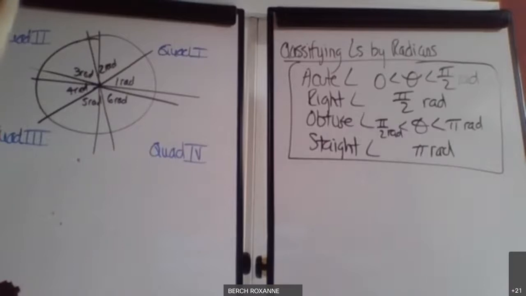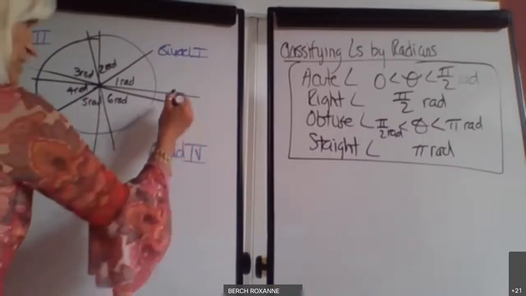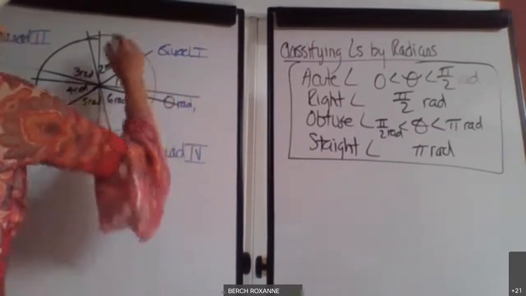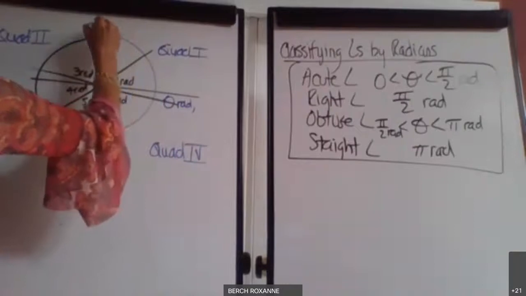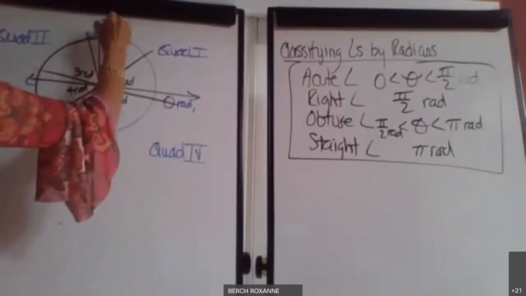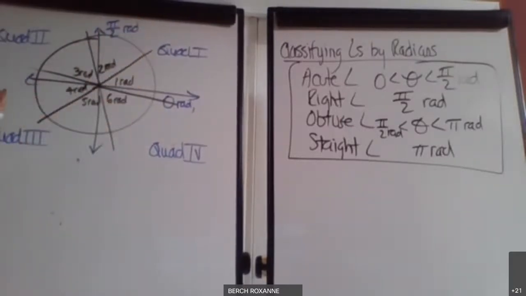And like I said, if you're drawing an angle in standard position, this would be 0 radians. This would be half a pi or pi over 2 radians. This would be 2 pi over 2 or pi radians.